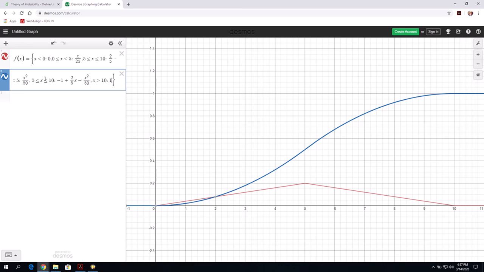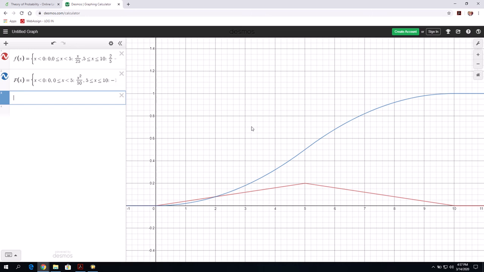That makes sense, because remember, the blue curve is our cumulative distribution function. As we accumulate area under the red curve, moving left to right, the blue curve is going to go up. It starts at 0, starts to grow, grow, grow.